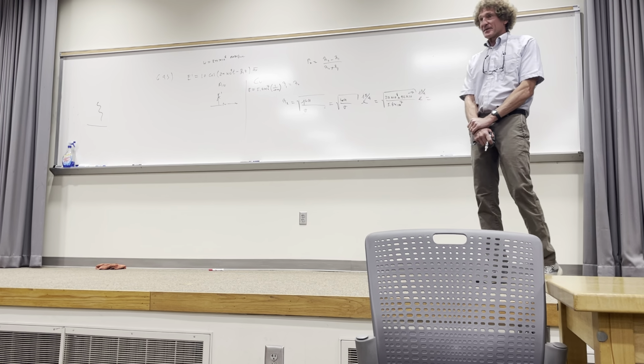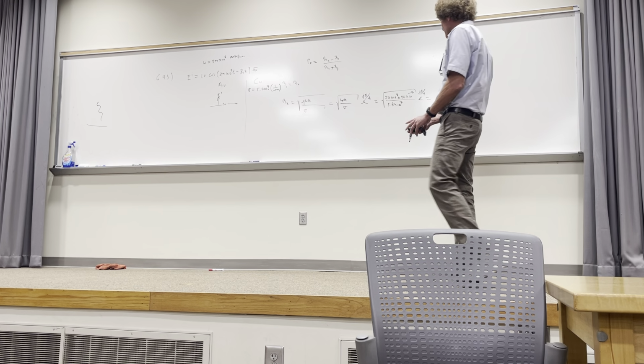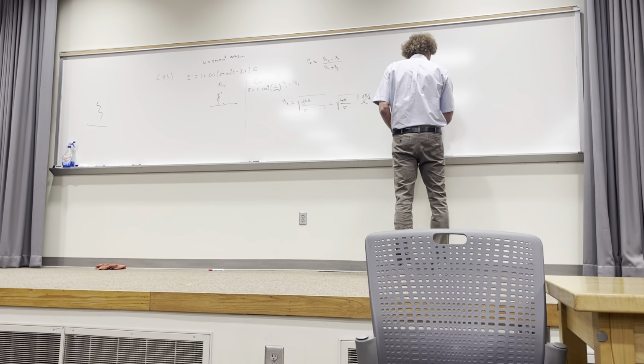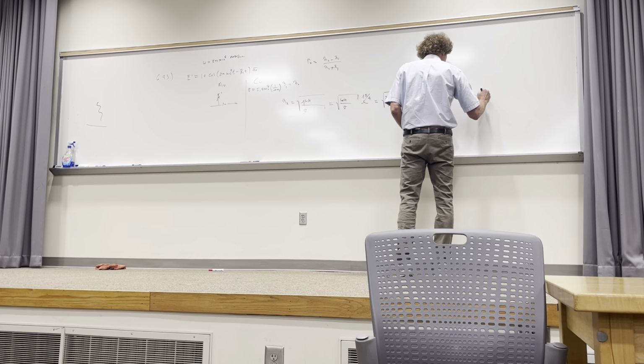I just need the magnitude. Yeah. Which you got? 3.69 times 10 to the minus 3. That sounds about right. e to the j pi over 4 ohms.